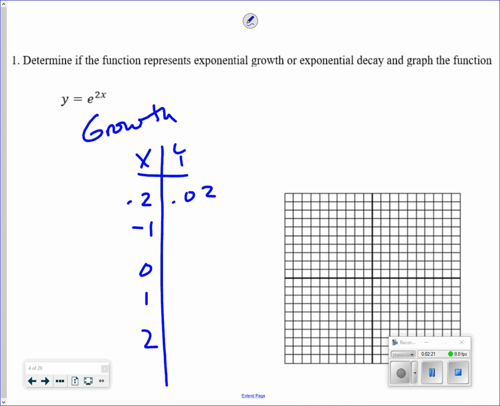This is 0.02, 0.13, 1, 7.39, and 54.6. So again, graphing those, 2 would go way off the graph, 1, 7, 0, 1. And again, these numbers get ultra small. But that would be considered growth.